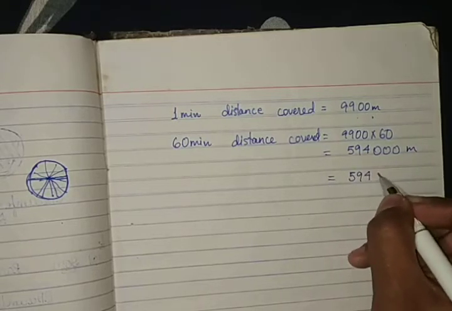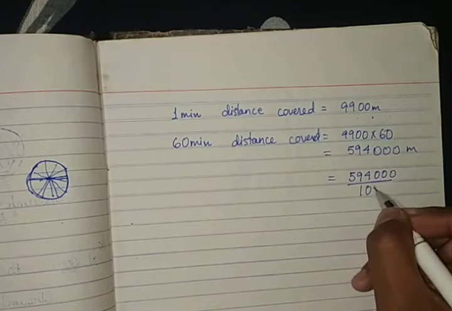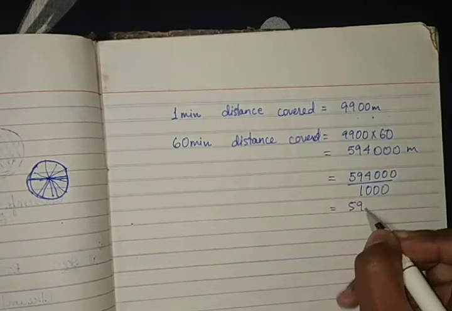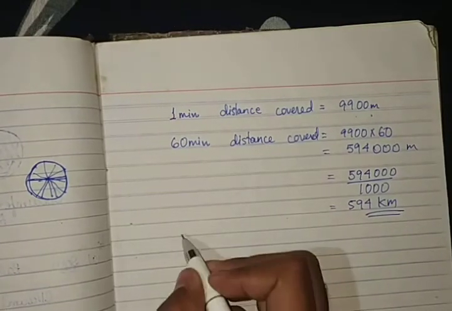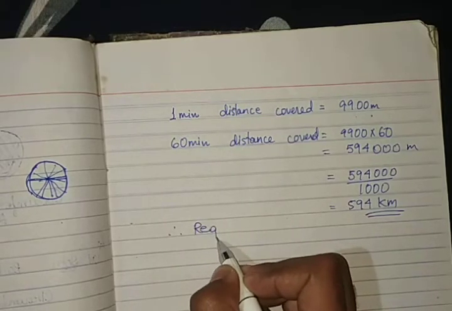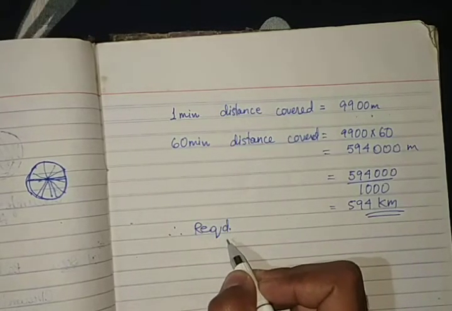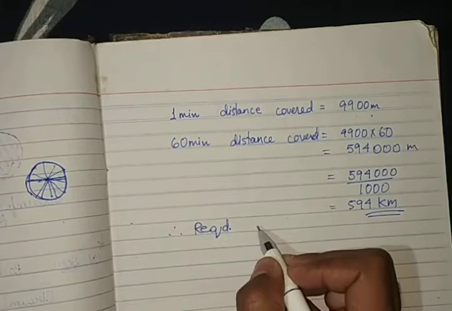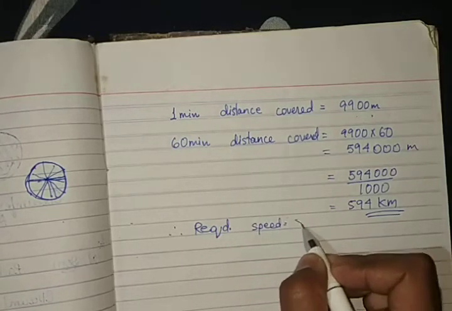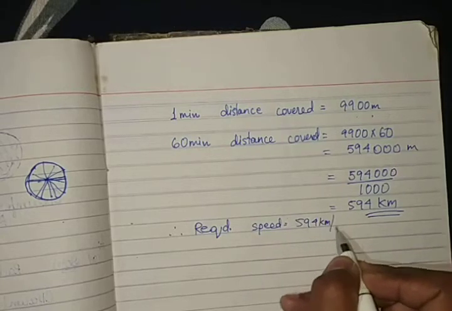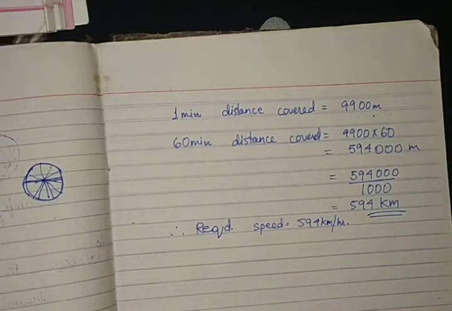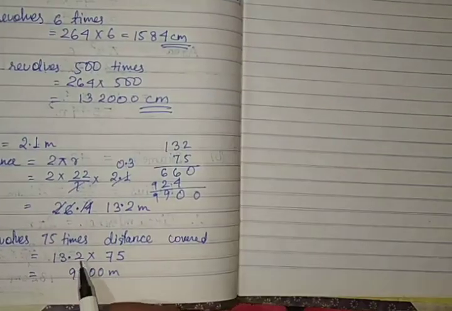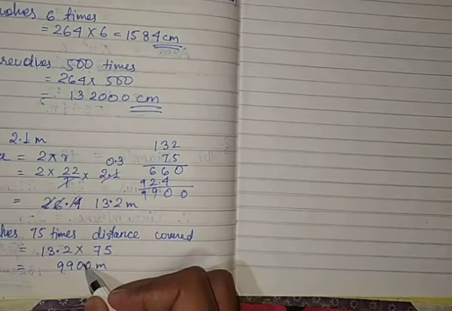This will be 594000 divided by 1000, which is equal to 594 kilometer. So required speed is equal to 594 kilometer per hour, and this will be the answer. It's coming 594 kilometer per hour. Now if you remember, one decimal was there before one digit, so one decimal will be here.